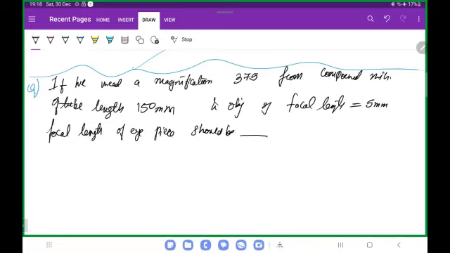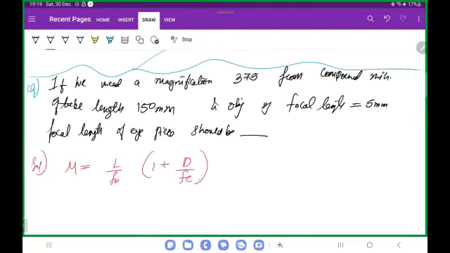All are in mm, so keep it in mm. In this one, I'll write the magnification formula here: L by f_o times (1 plus D by f_e).